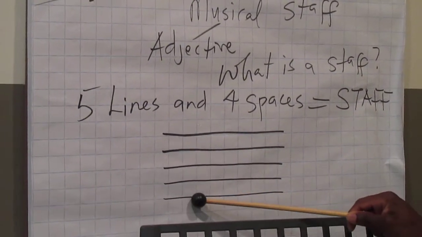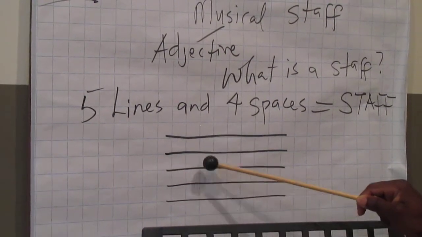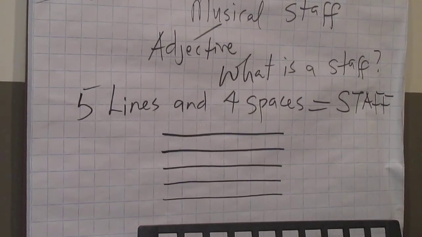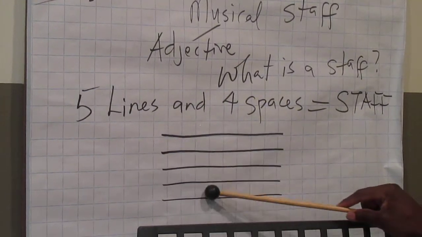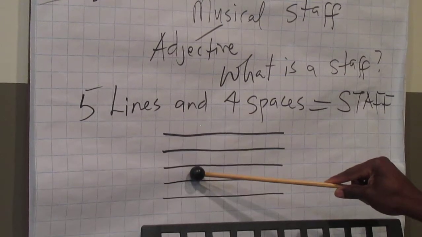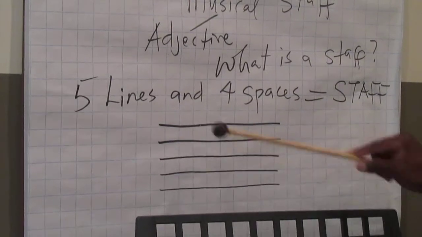That's 1, that's 2, that's 3, that's 4, and that's 5. How many lines? We have 5 lines. How many spaces do we have? Let's count. This is space 1, space 2, space 3, space 4.